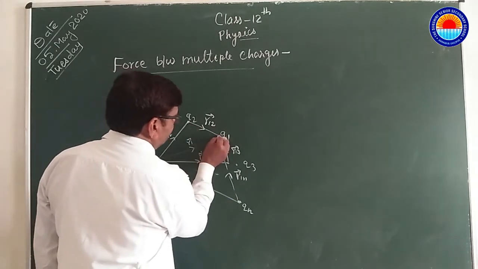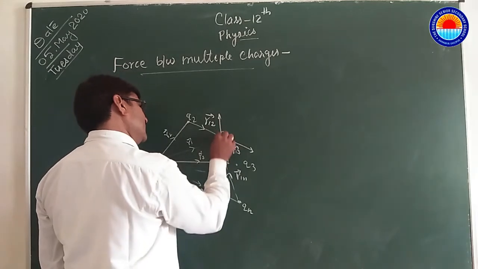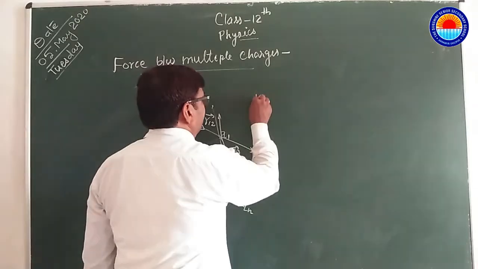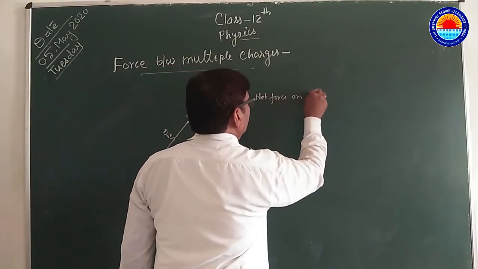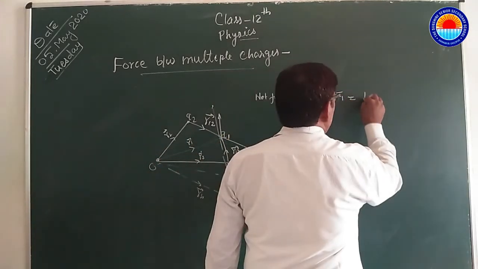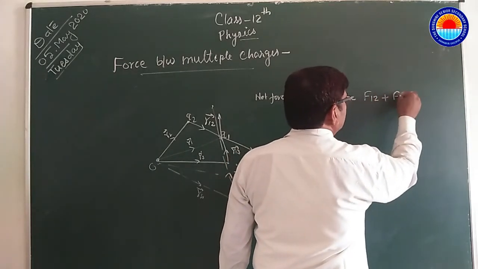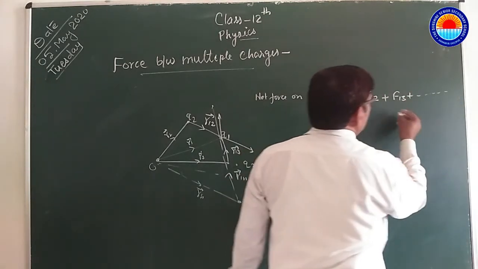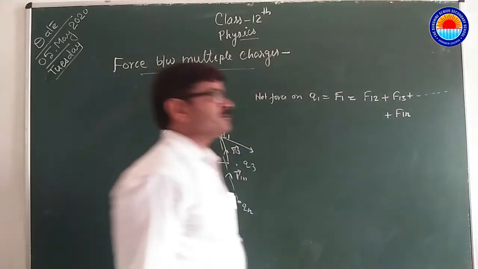Then force due to this is in this direction, by this in this direction, and by this in this direction. So net force on Q1, F1, is equal to force on charge 1 due to charge 2, plus force on charge 1 due to charge 3, plus so on, force on charge 1 due to n charges.